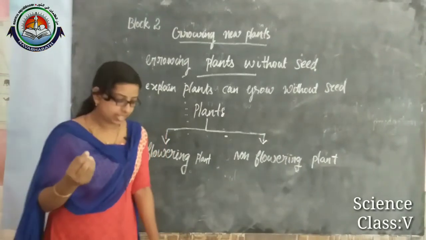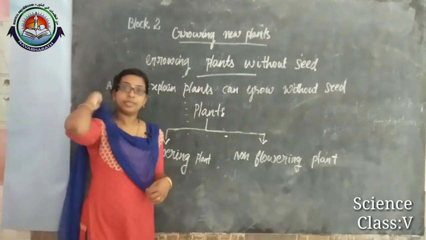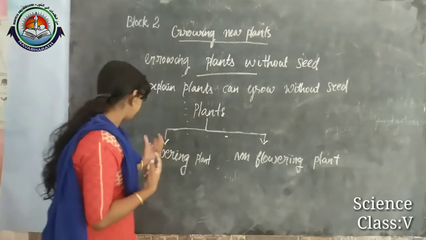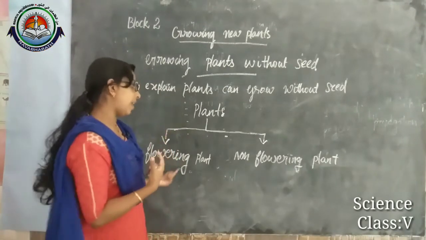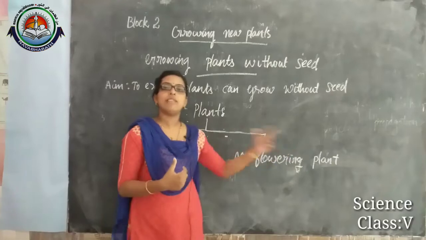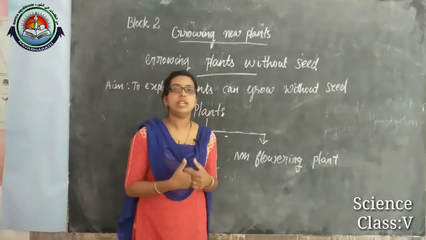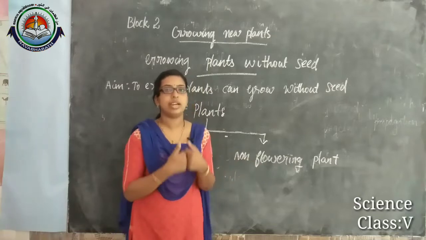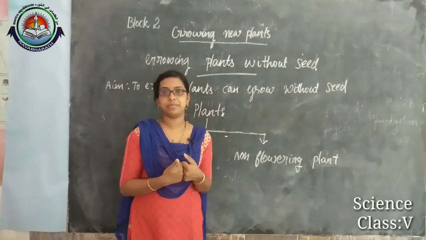What do you mean by flowering plant? Yes, right. The plants which bear flowers are considered flowering plants, and non-flowering plants, as the name indicates, are the plants which don't have flowers.